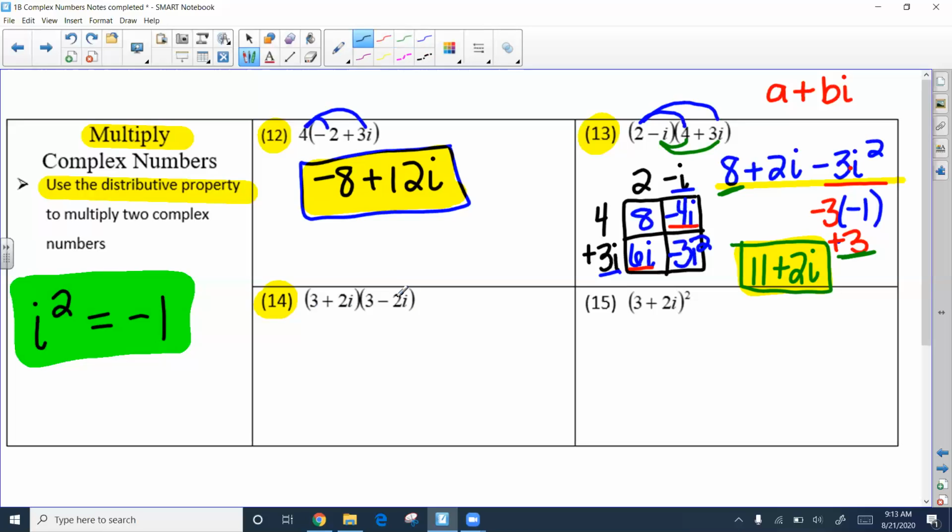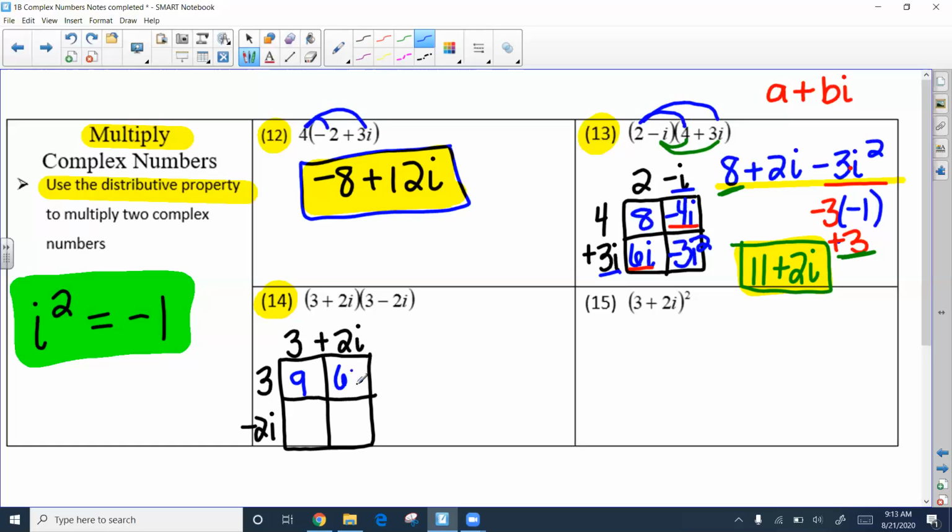All right, so 3 plus 2i times 3 minus 2i. If you prefer, you can set this up with the box method, or you could just use the distributive property. I'm going to set up the box method. So 3 plus 2i and 3 minus 2i. Inside my box, this would be 9.